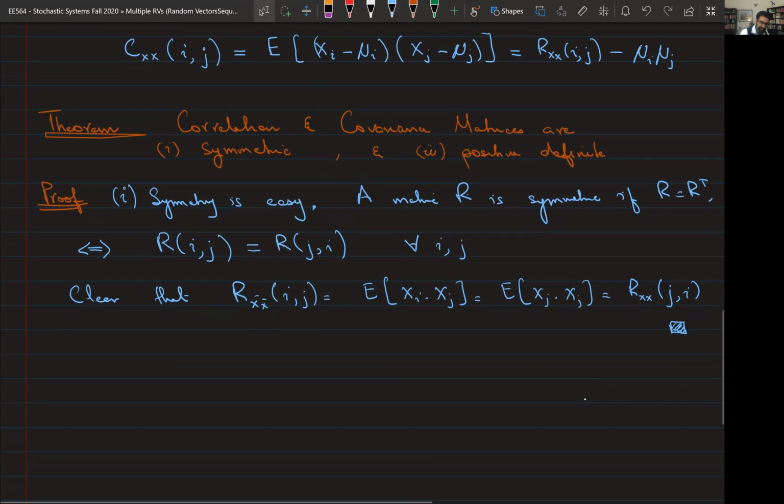Now the positive definite part is more interesting. What are positive definite matrices? Somebody other than Mohsin, please. Salar, what are positive definite matrices?